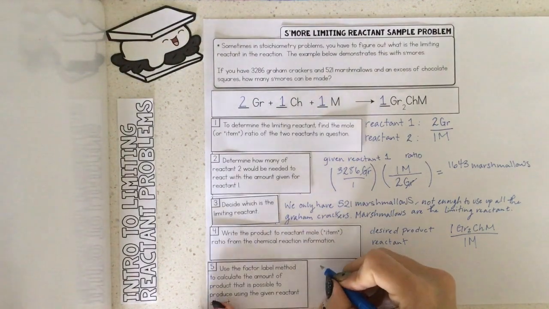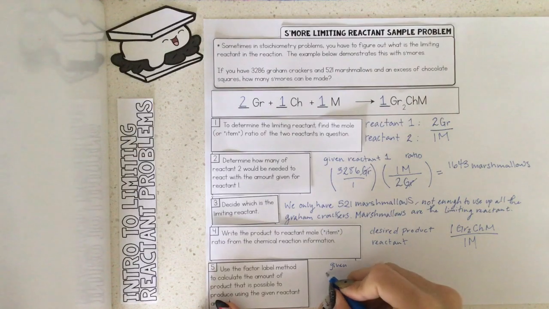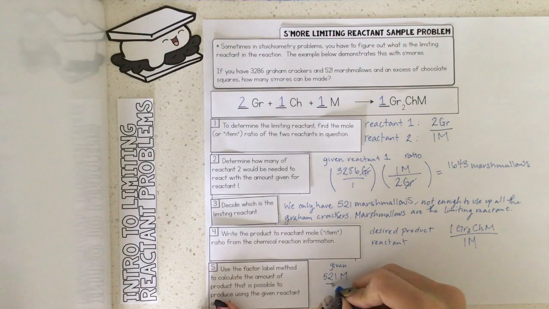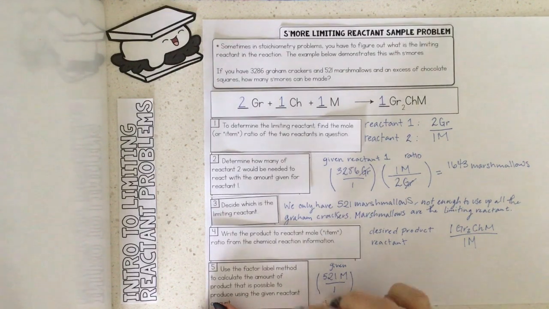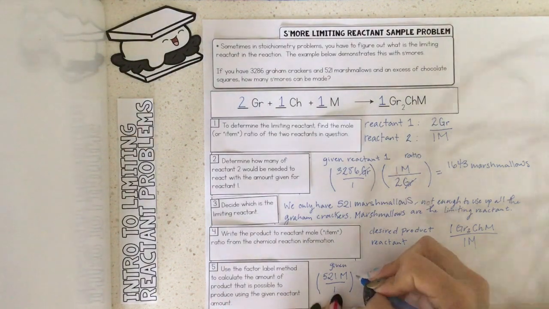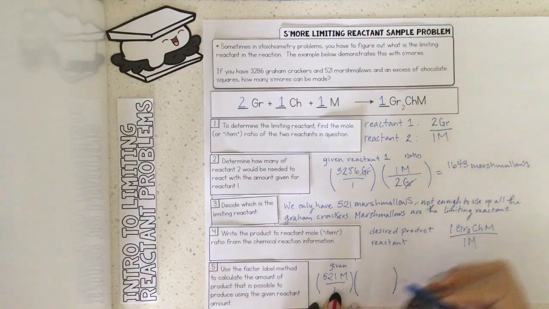So we're given 521 marshmallows. We're going to use our ratio number 4 using our desired product and our limiting reactant.